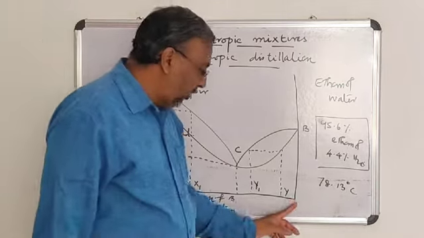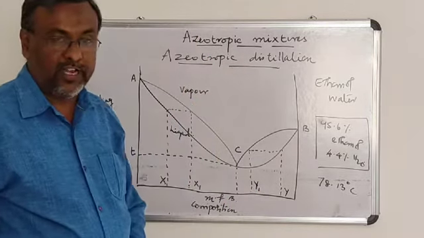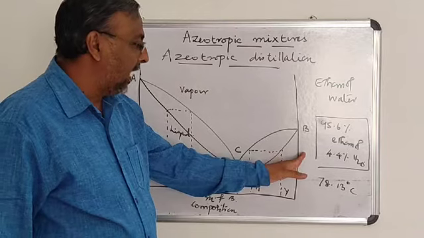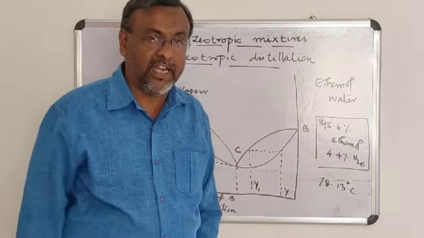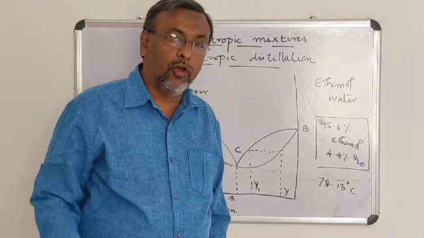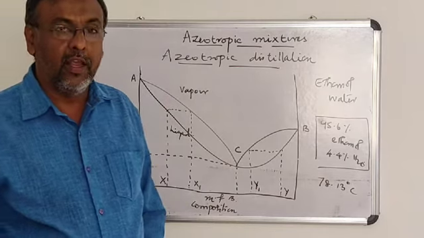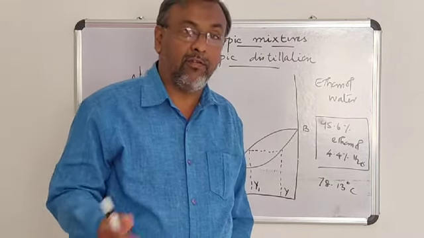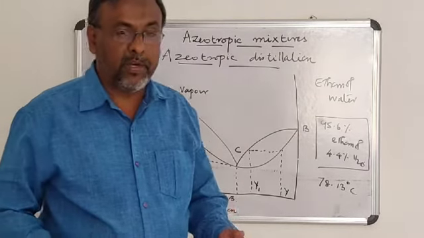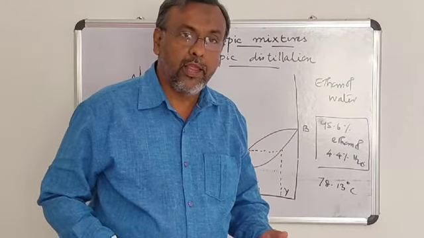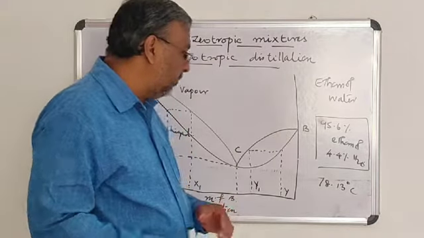Similarly, compound B has a lower boiling point, which shows that it has high vapor pressure. So liquids having high vapor pressure will have a low boiling point, and liquids having low vapor pressure will have a high boiling point.